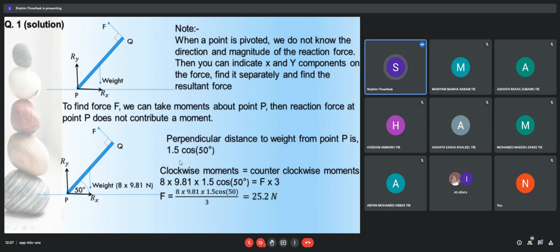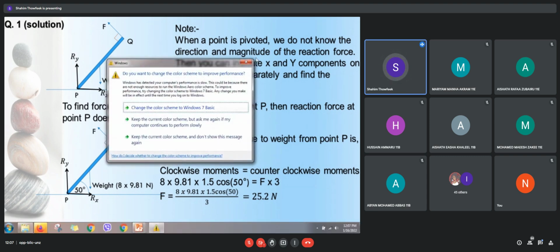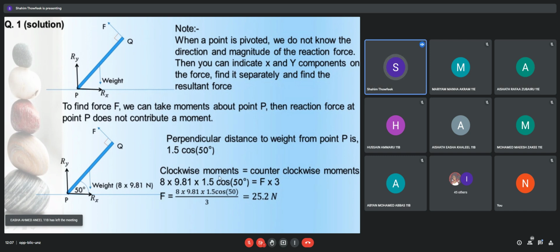Then the weight of the beam is 8 into 9.81, into 1.5 cos 50, the perpendicular distance from point P, equals force F into 3. 3 is the length of PQ, the perpendicular distance from P to this force F. Rearrange the equation and find the magnitude of the force F.